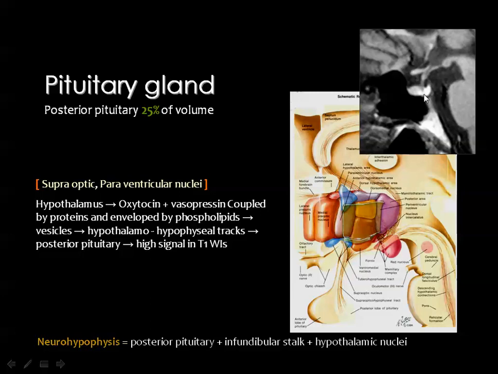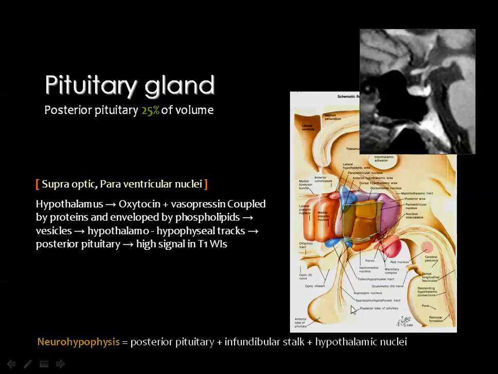The posterior pituitary, or the pituitary gland, is connected through the infundibular stalk to the region of the hypothalamus. And actually, the hypothalamus is not a structure that you can put your finger on in the images, but you can appreciate its existence by certain anatomic landmarks.